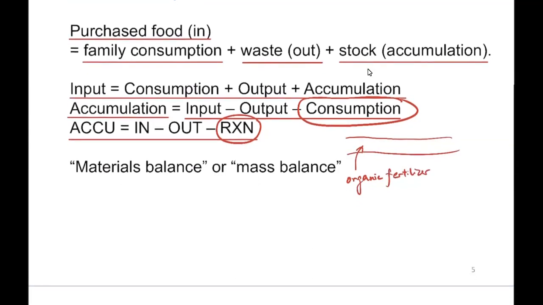Let's say we have a farmland which is dumping organic fertilizer into a river. There are bacteria in the river that can oxidize these organic fertilizers into carbon dioxide and water. So basically these fertilizers are being consumed. That's consumption.